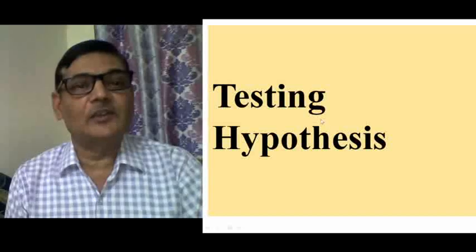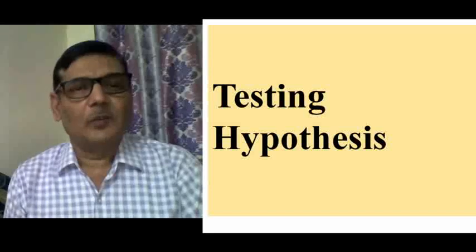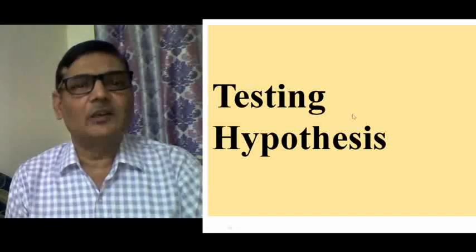Statistical analysis is required to reach a specific inference. So we apply a number of statistical tests like student t-test, or analysis of variance, that is ANOVA, or g-test, or chi-square test, or Mann-Whitney U-test. So these are different statistical analyses.